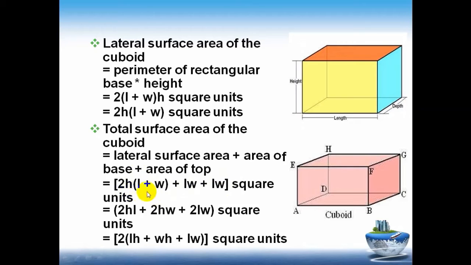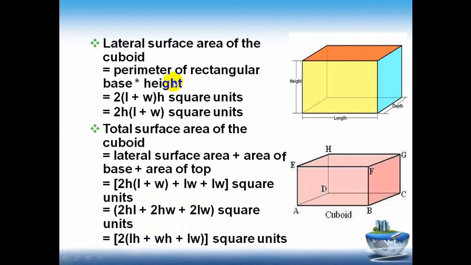Now this can be written as 2hl + 2hw + 2lw square units. And taking 2 common, this formula can be written simply as 2(lh + wh + lw) square units.